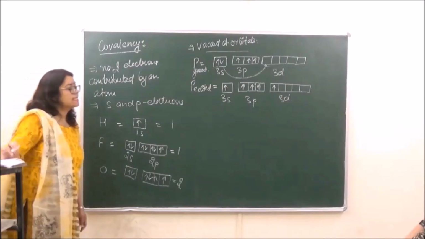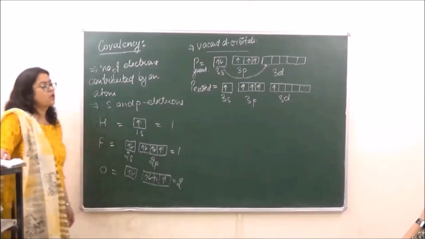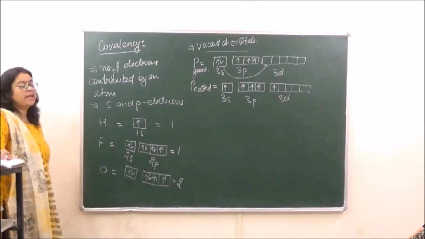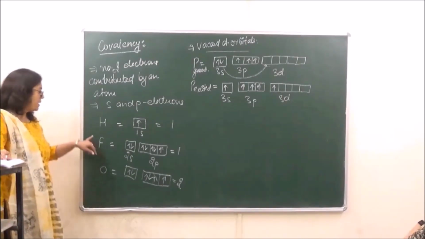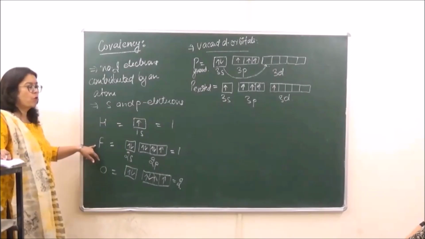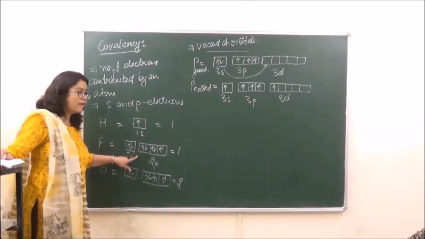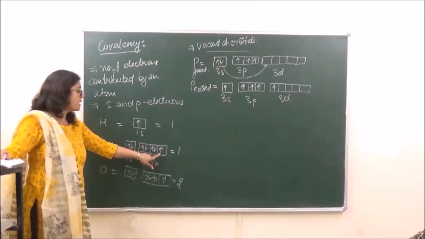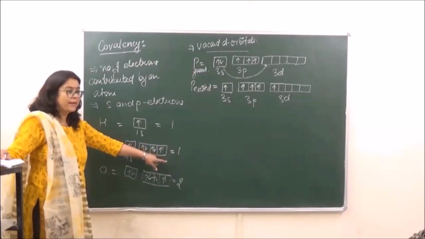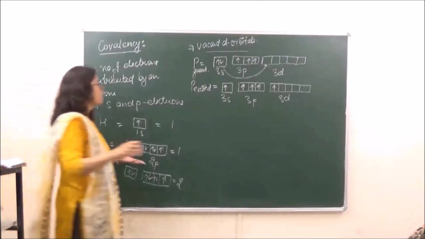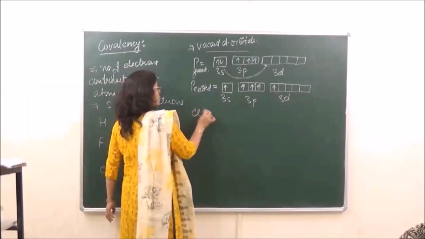Similarly, all the second members of each group can exhibit this kind of behavior, right? Like if we are talking of fluorine, fluorine is the first member of its group. It does not have vacant d orbitals, so it cannot extend its valency beyond 1. But chlorine, due to presence of vacant d orbitals, let's take the molecule of chlorine over here.